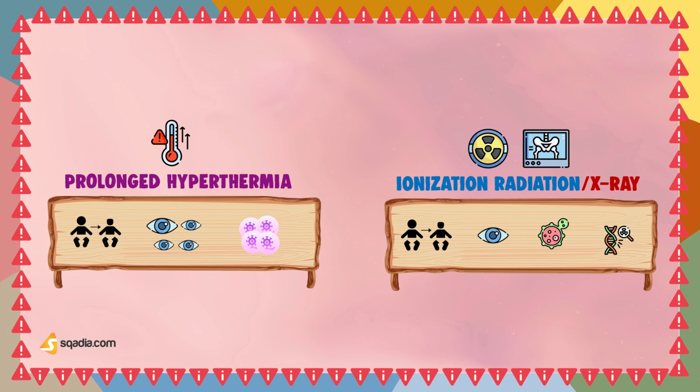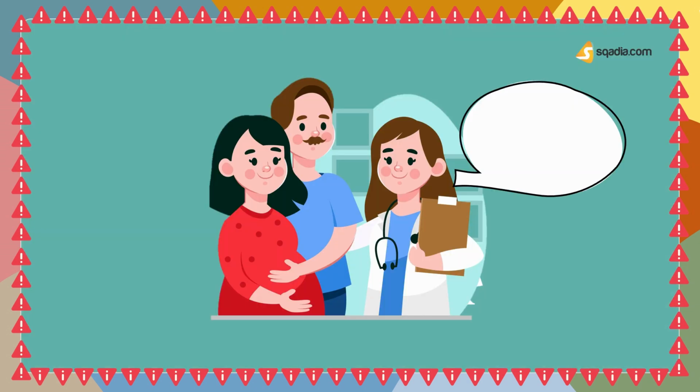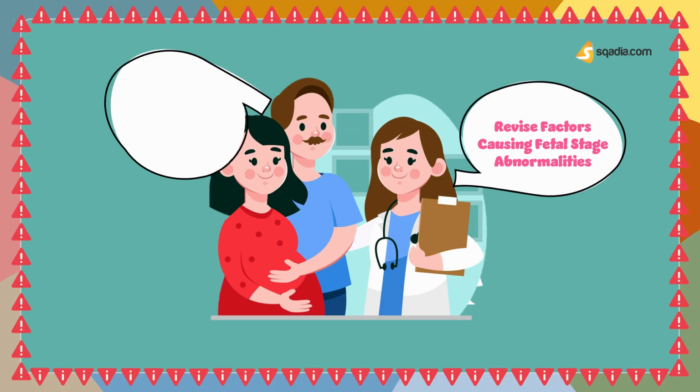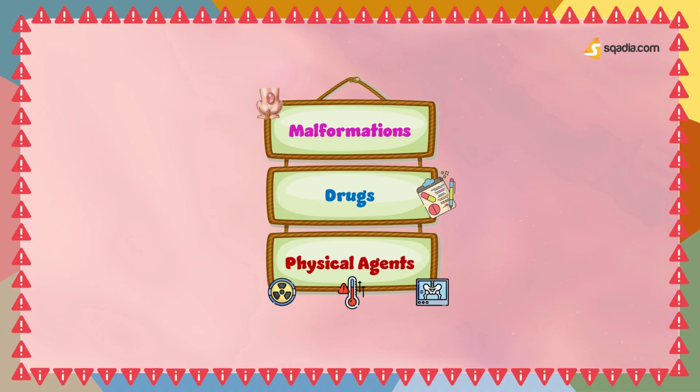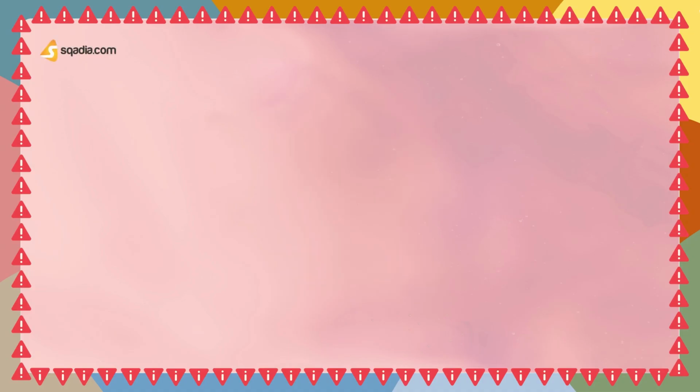Before ending this video, Mr. John, can you revise main factors causing fetal abnormalities and few of their details? Sure, doctor. In this video we have talked about the malformations, drugs, and physical agents. Malformation are due to errors occurring in the initial formation of structures.